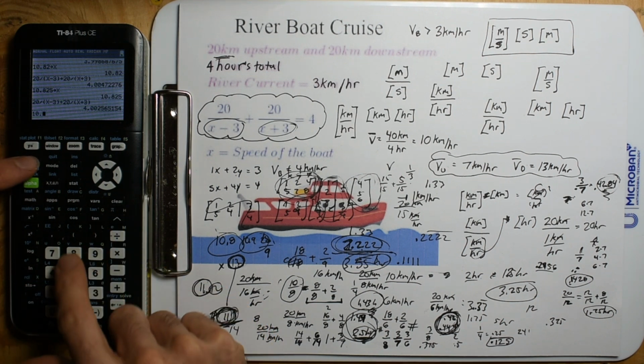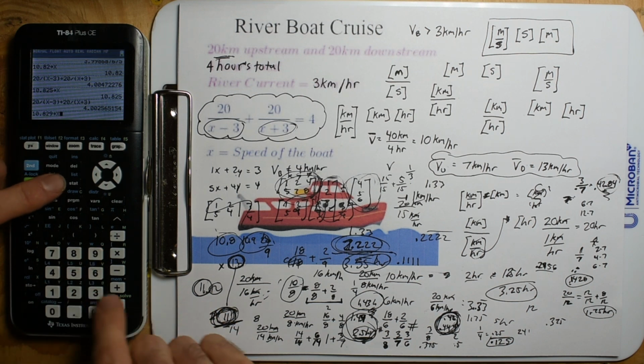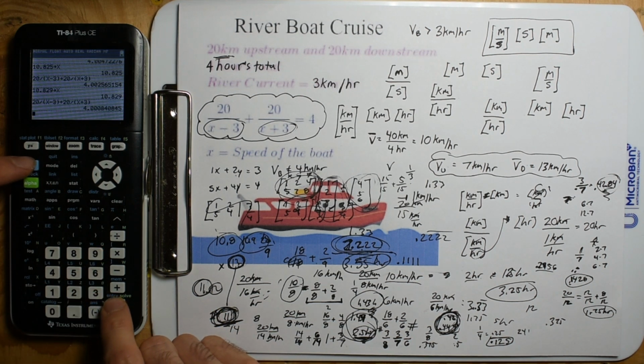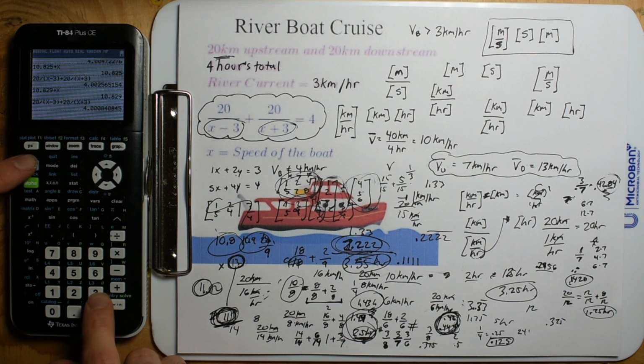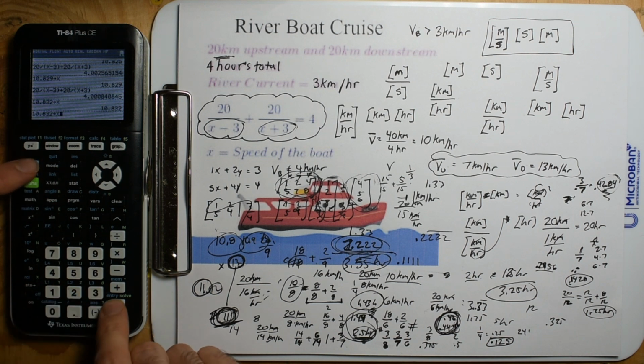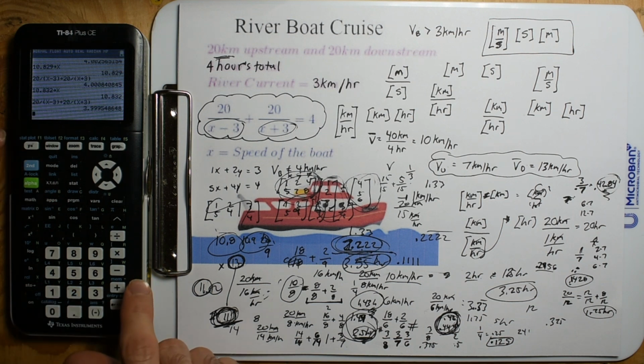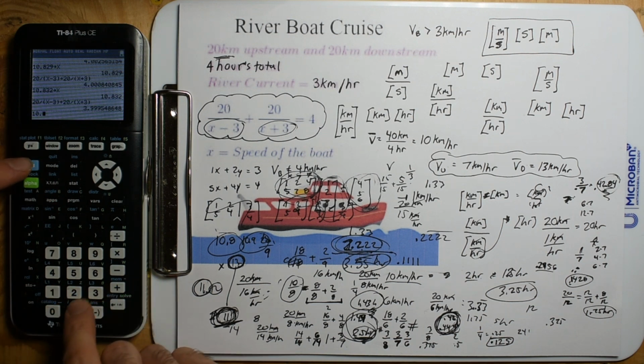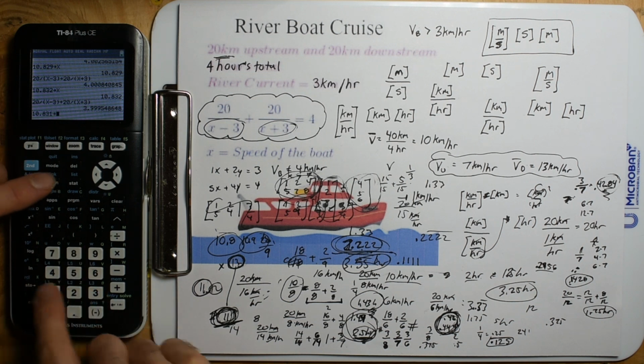So we're going to go 10.829 stored as x. Okay, so that's too slow. So 10.832 stored as x. Okay, so that was too fast. So 10.831 stored as x.